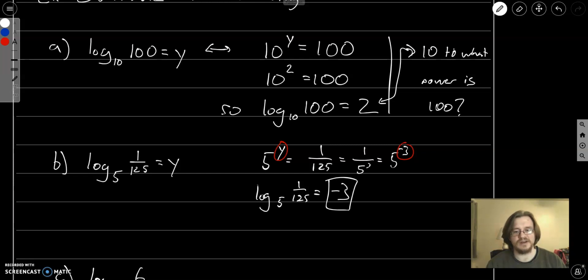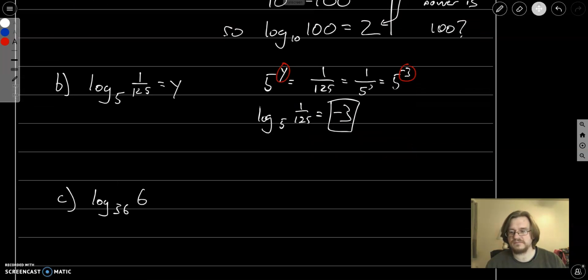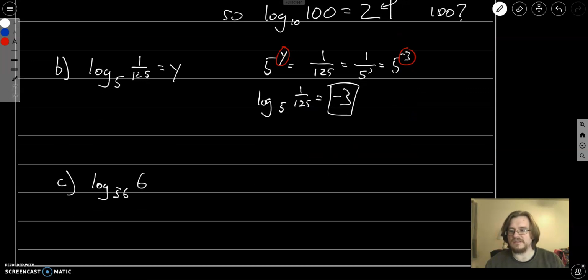So here is our answer. We have log base 36 of 6. So again, let's rewrite this in terms of exponentials and see what pops out. So this is saying 36 to the y power is equal to 6. And when we think about the relationship between 36 and 6, 6 is actually the square root of 36. So 6 here I can replace with the square root of 36.